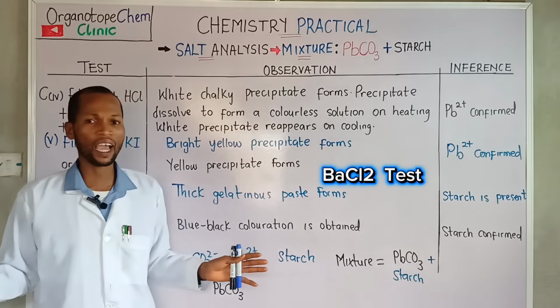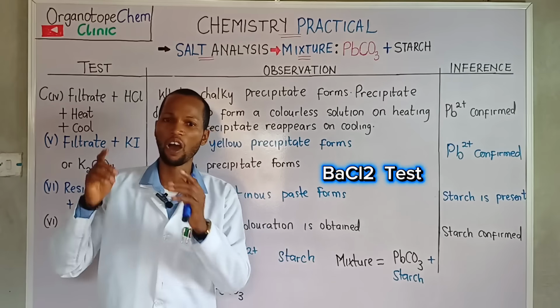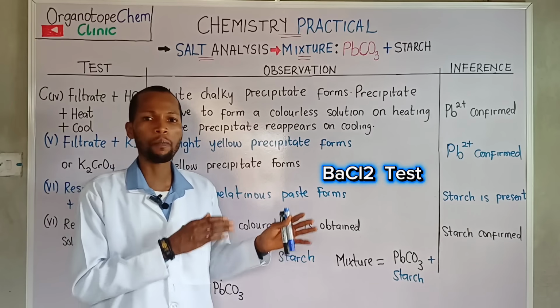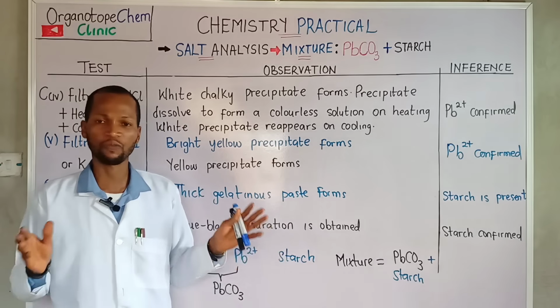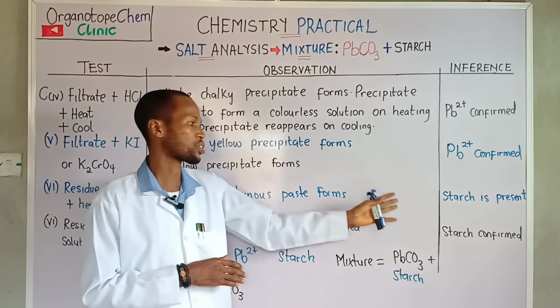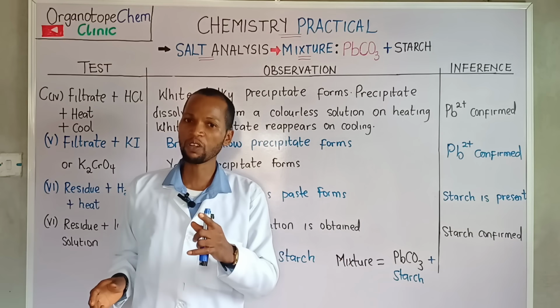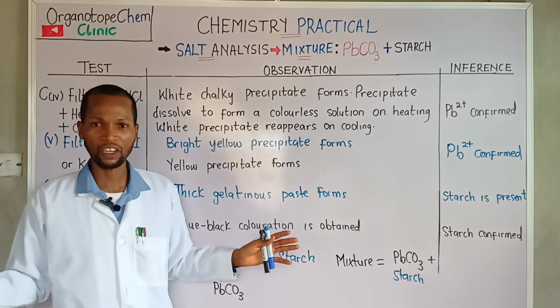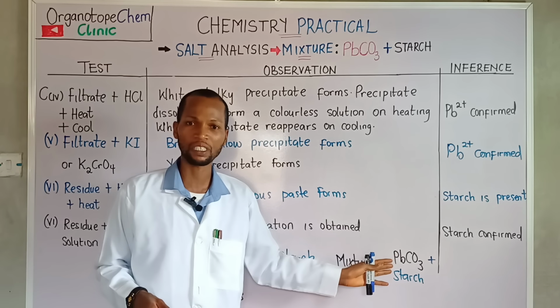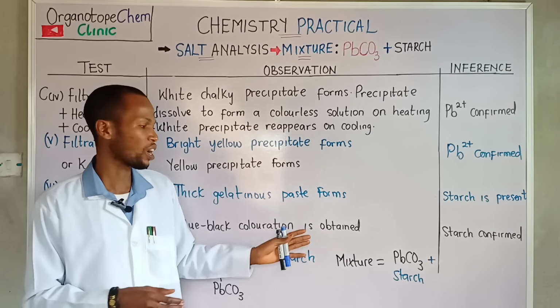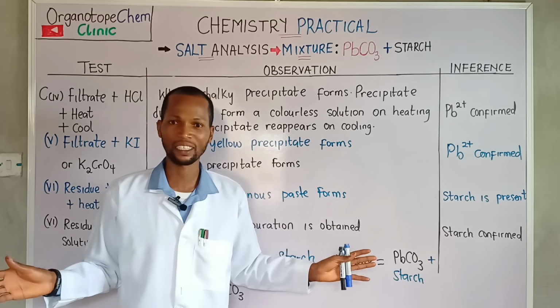Also, the barium chloride test is unique for sulfate ion. And since there is no permanent white precipitate formed, we do not have sulfate ion in this particular salt analysis. So sulfate is absent in this mixture. Therefore, the barium chloride test is not essential for this salt analysis.